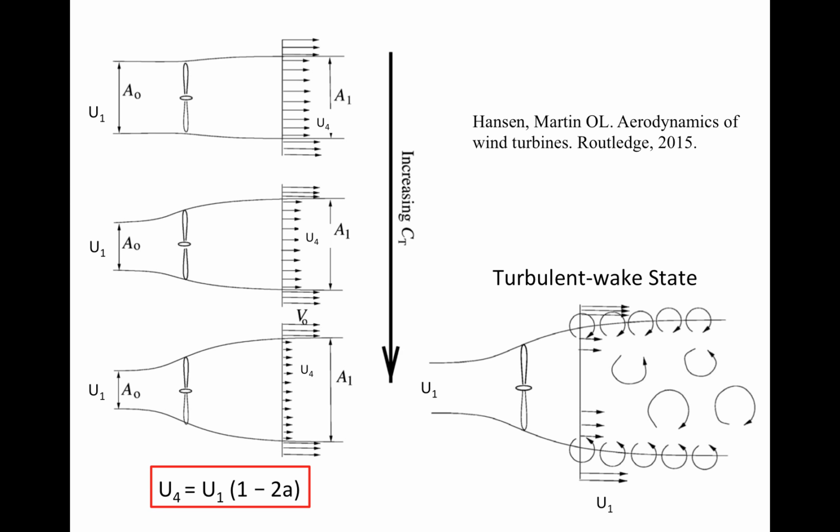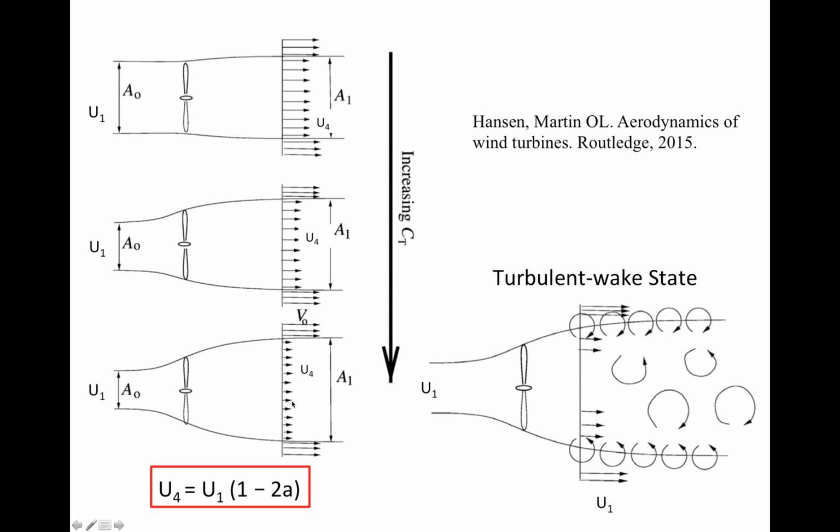When we were discussing the actuator disk model in the 5th video, we obtained an expression for the velocity of the wake, u4, in terms of the axial induction factor, for the wind speed at position 4. That's u4, at a position that is very far from the rotor, downwind.